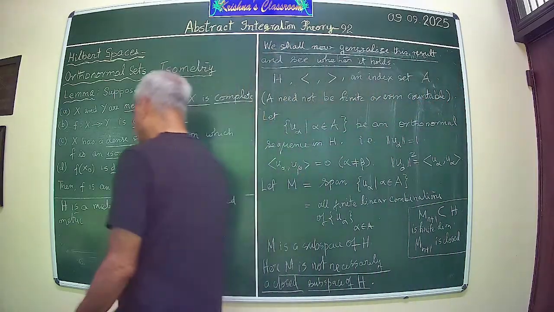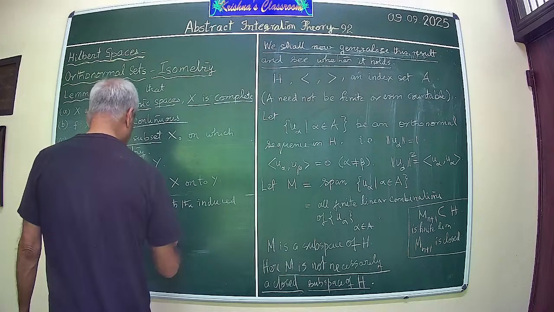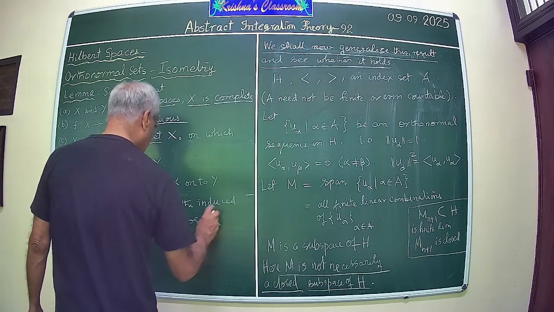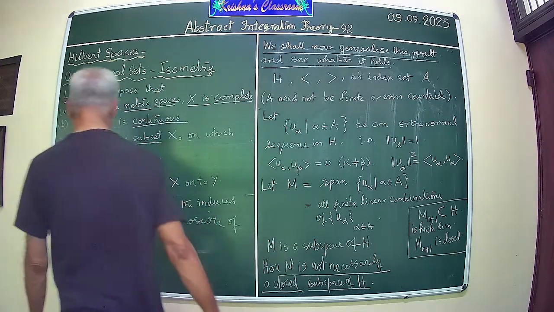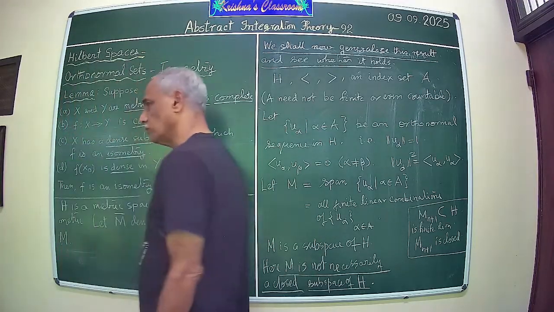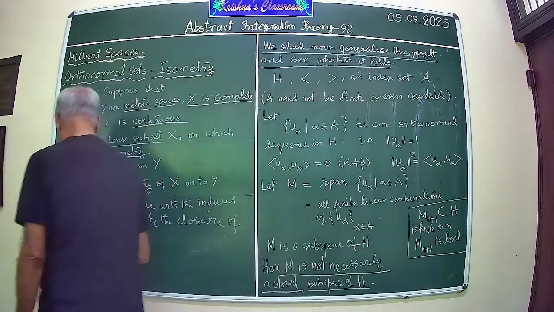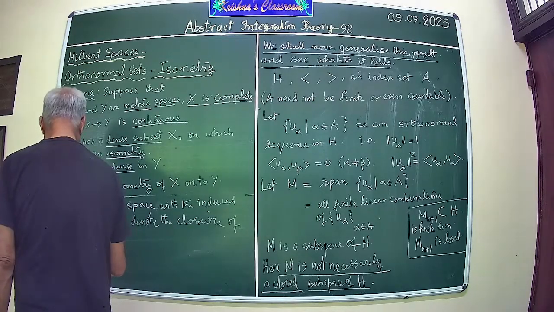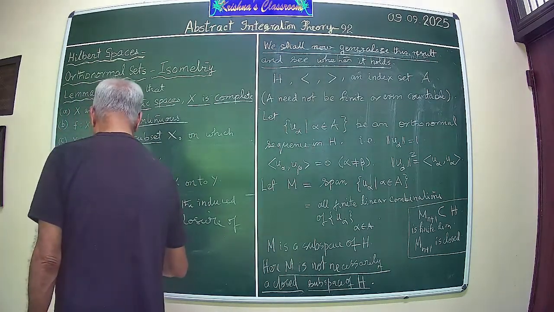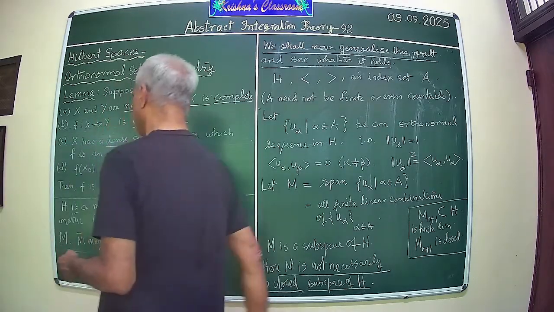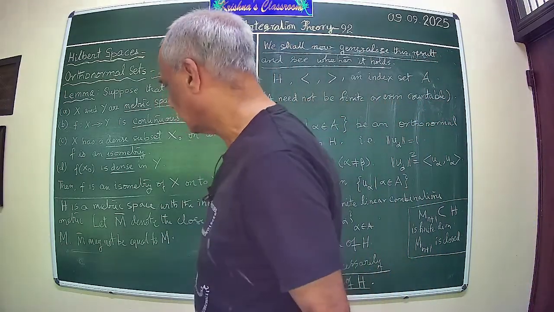So let M closure be the closure. M closure may not be equal to M, whereas in the specific example we considered, M closure equals M. So M closure is a proper subspace, but with certain limitations.